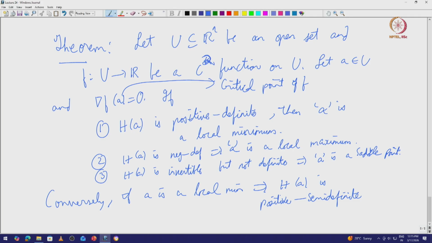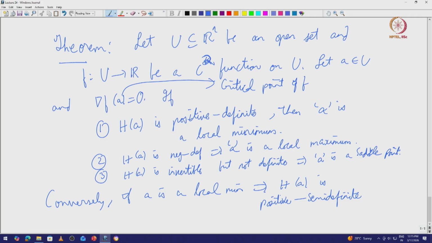Then if the second derivative is positive in the sense that the Hessian matrix is positive definite, then A is a local minimum. If the Hessian matrix is negative definite, it's a local maximum. If it's invertible, but it's neither positive definite nor negative definite, A is a saddle point. What's a saddle point? It's a point such that in any neighborhood of this point, there is one point where the function is larger than the value at A, and there's one more point where the function's value is less than the value at A. So both possibilities occur.